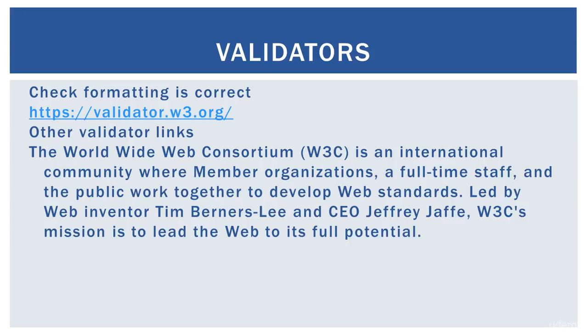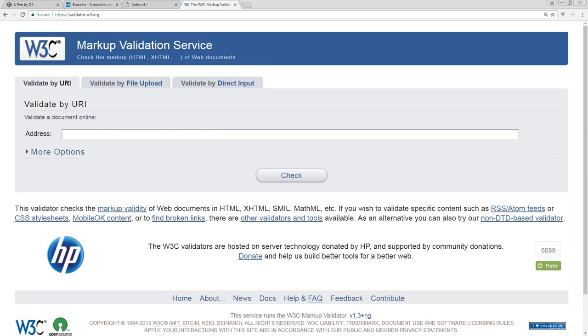They've got a formatting checker at validator.w3.org. This is where you can check to make sure that your documents are valid HTML, XHTML, which is a stricter format for HTML, and a few other formats you may or may not have heard of, and it allows you to validate them according to the web address.